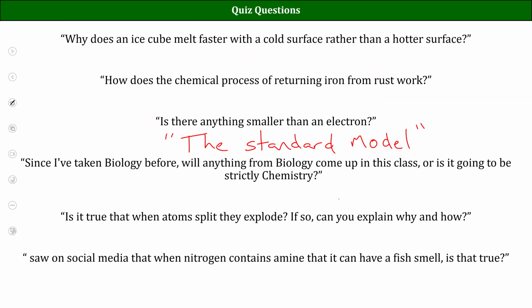And just because I can't resist a question about organic chemistry, nitrogen contains amine that can have a fishy smell. That's actually a little bit backwards. Amines are an organic compound that have nitrogen in them. So if you've heard of amino acids that our proteins are built out of, amines are what happen if you let proteins get broken down by microbes or just exposed to air over time.